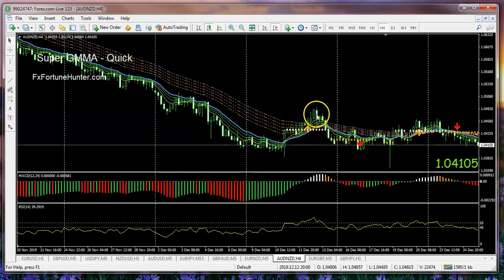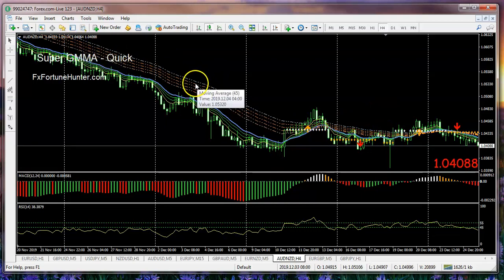So this is simply a fake out, and even so, on a one-day kind of a scalp, you might be able to make some money on this trade. It's an opportunity to exit your other trade rather than to enter a new one until you see these bands and these bands in concert.